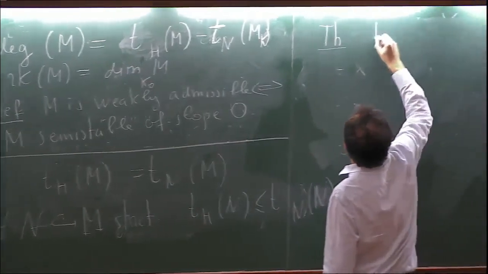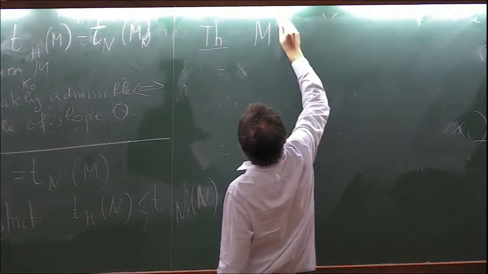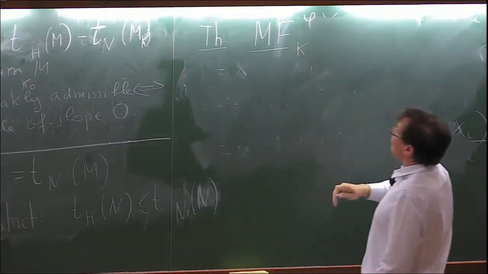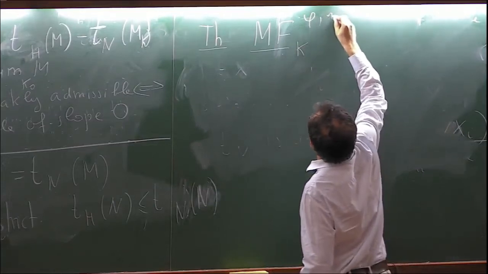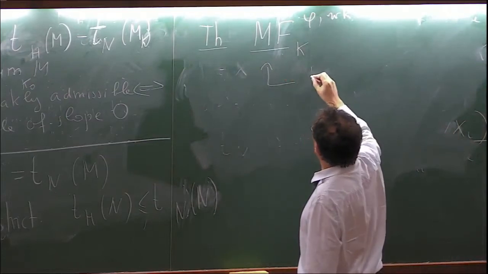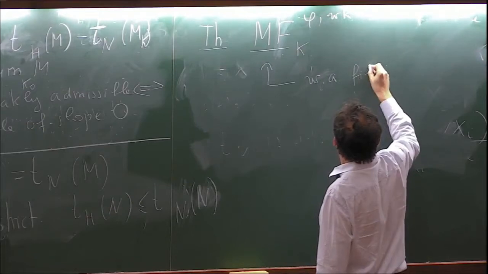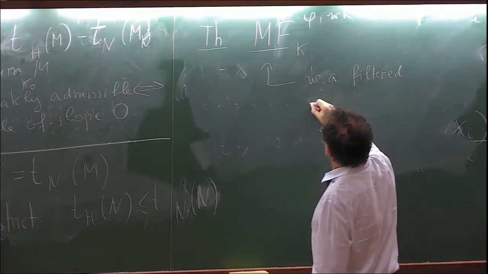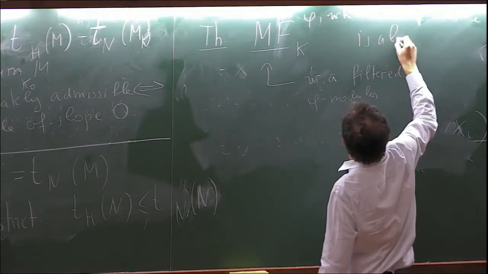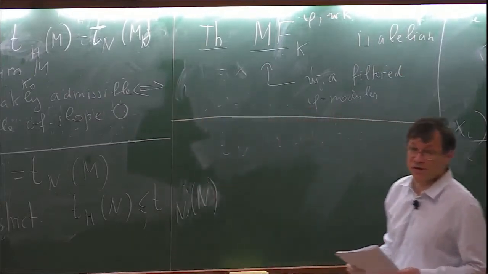The category MF of weakly admissible filtered phi modules is abelian. But the proof is easy.